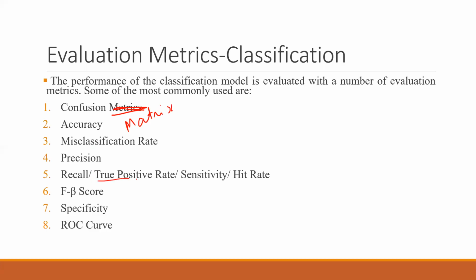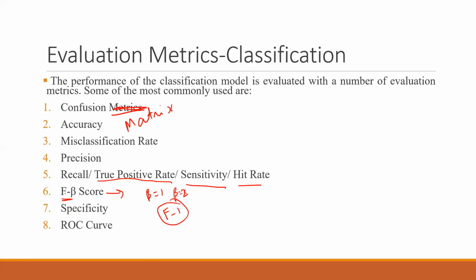Recall is also called true positive rate, TPR, and it is also called sensitivity or hit rate. So these are the names for recall: TPR, sensitivity, and hit rate. Then there is this F beta score. F beta score means beta can change. Beta can be 1, beta can be 2, depending upon different kinds of requirements. We can change beta, and the most famous one out of this is the F1 score.